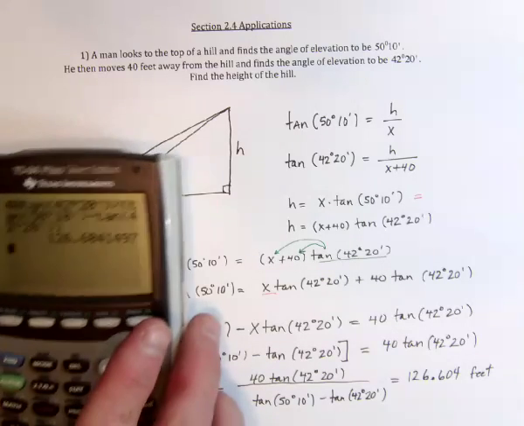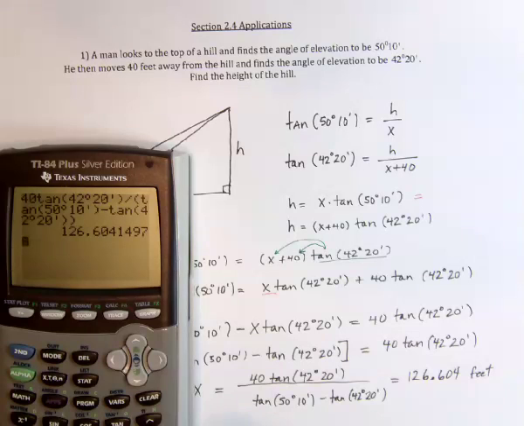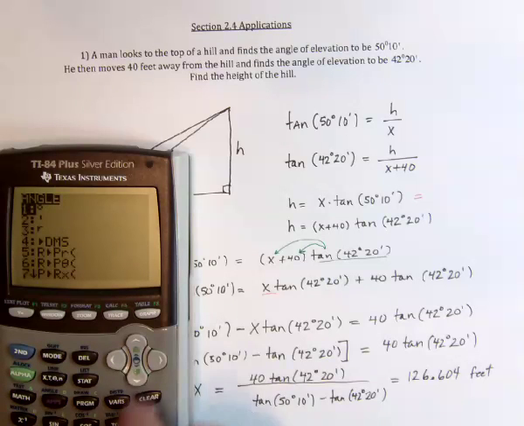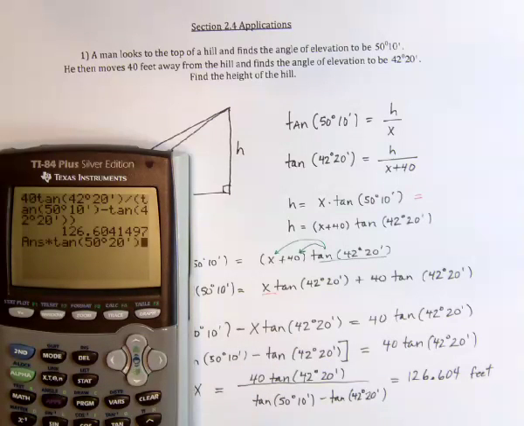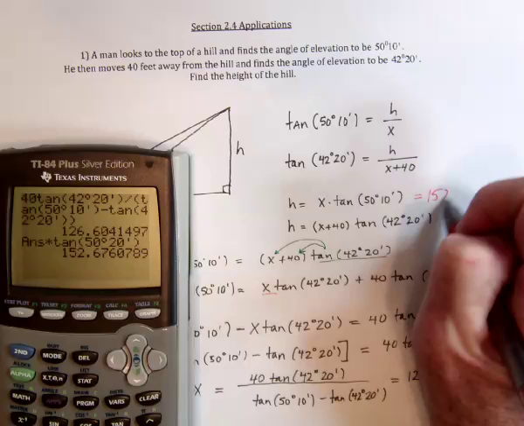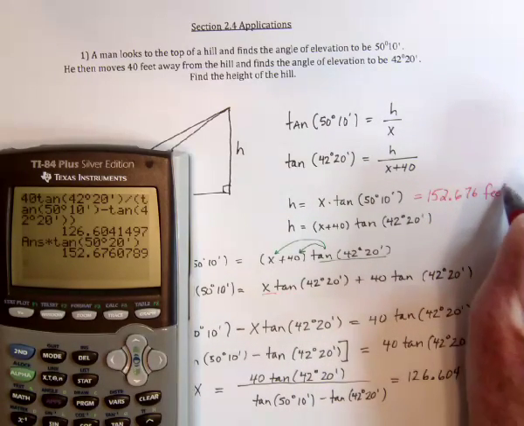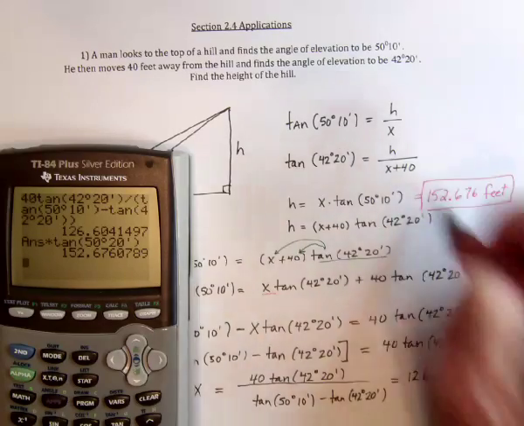So it's going to be the 126, etc. And if you just hit multiply, it will take all of those decimals and multiply it with tangent of the 50 degrees and 20 minutes. So I guess it is a pretty short hill. 152.676 feet is the final answer for the h.